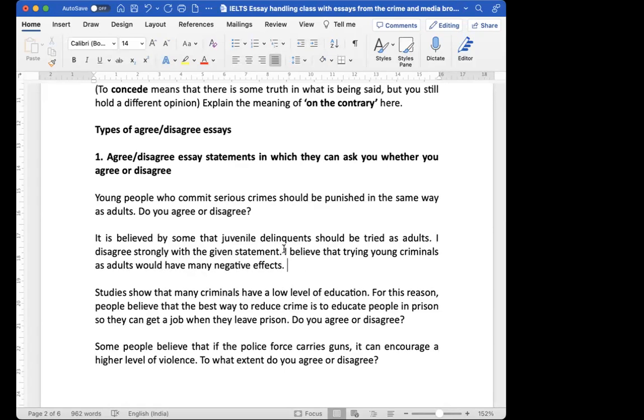You can write like this, or you can write that in the following paragraphs, I'll provide arguments to support my opinion.